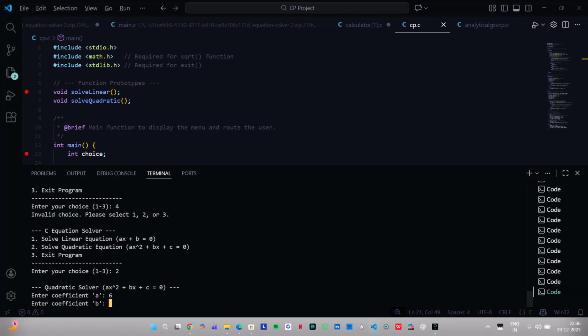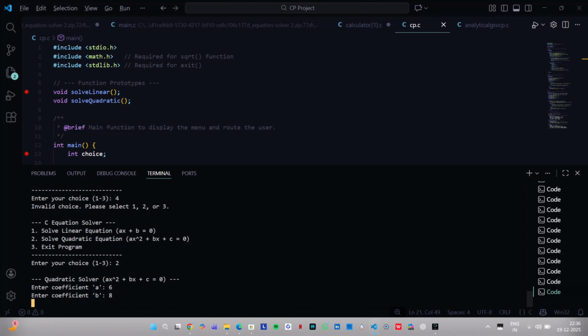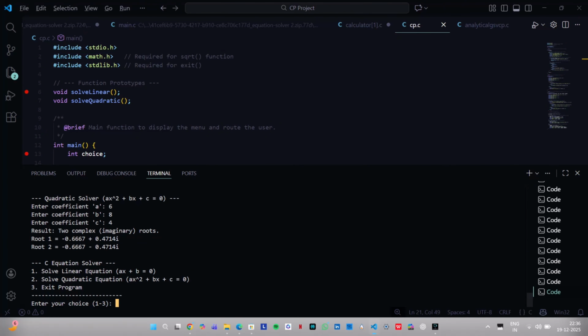Here you can see the result is two complex imaginary roots. Root 1 is this and root 2 is this, and then our program restarts again.